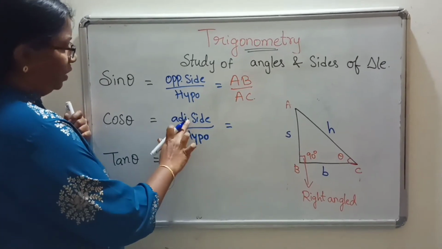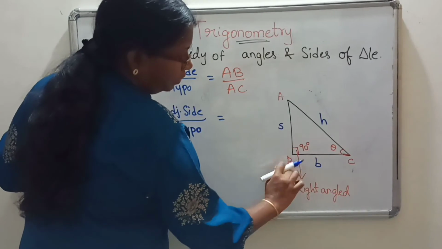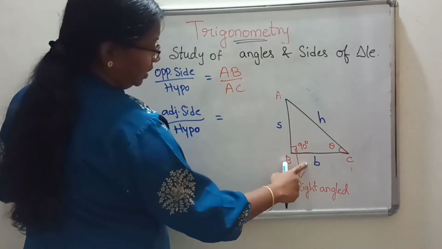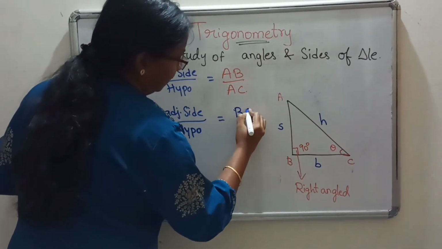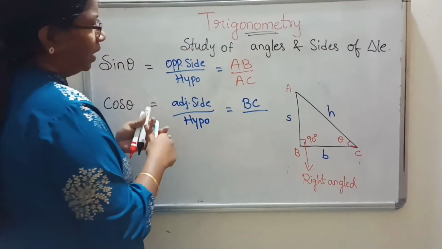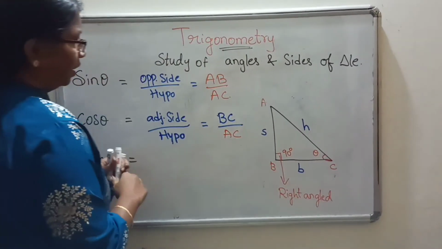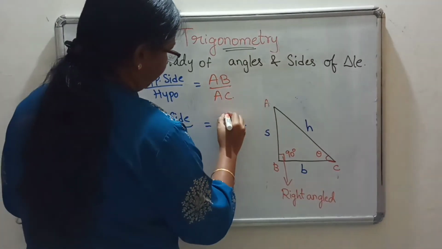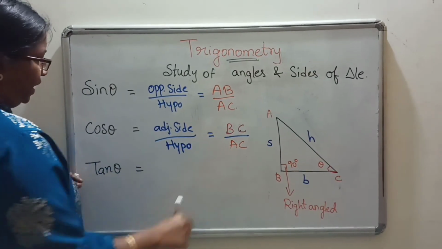What is the adjacent side? The adjacent side is where the two angles, 90 degrees and theta, meet, the base. That is called the adjacent side, which is BC. BC by hypotenuse AC. So cos theta is equal to BC by AC.